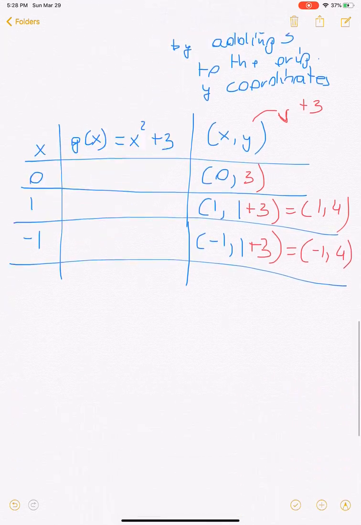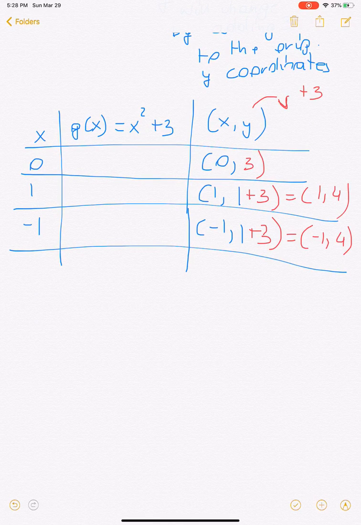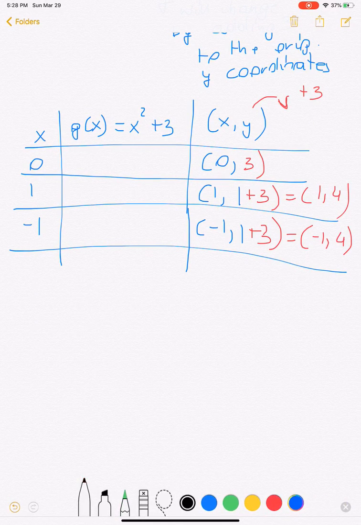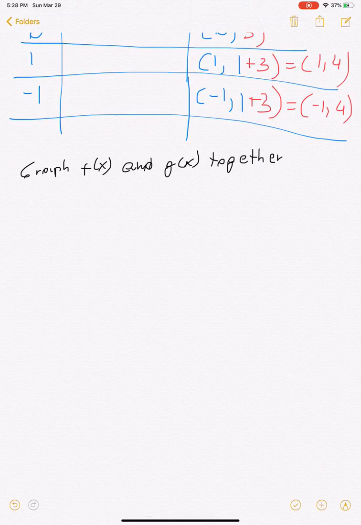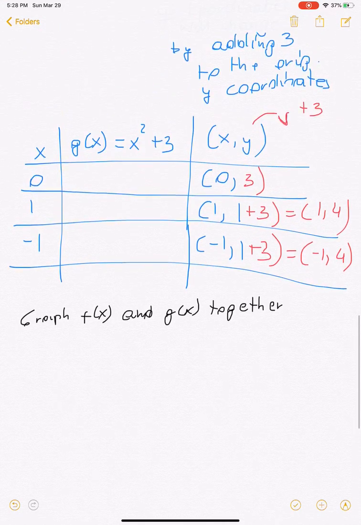What we're going to do next, we're going to graph both f of x and g of x together, so we can see that vertical transformation. We have points for each function, so let's just plug it in.